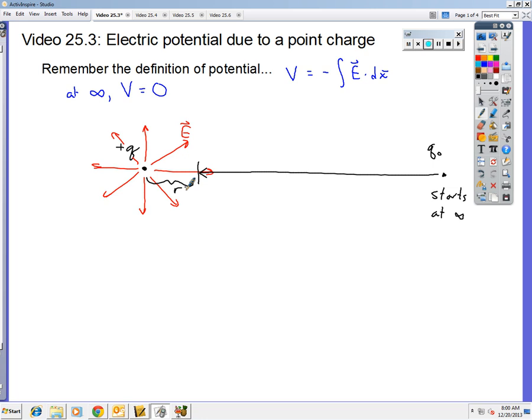Now at any given point along this line, the electric field points opposite dx.